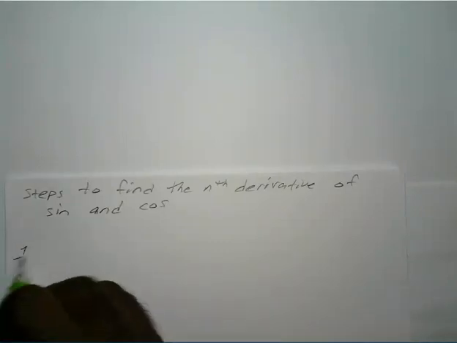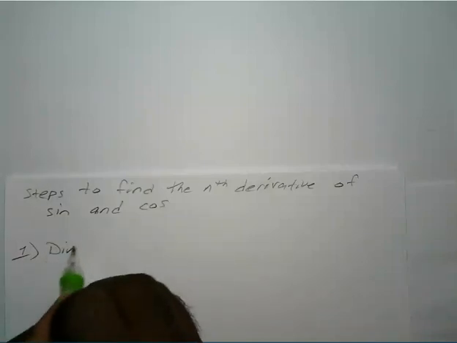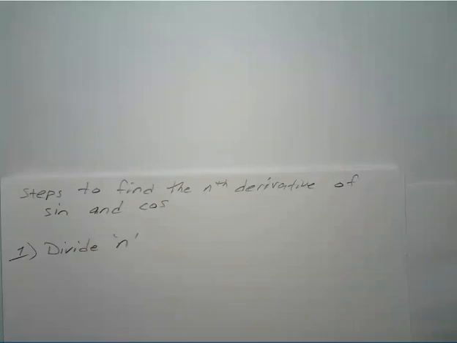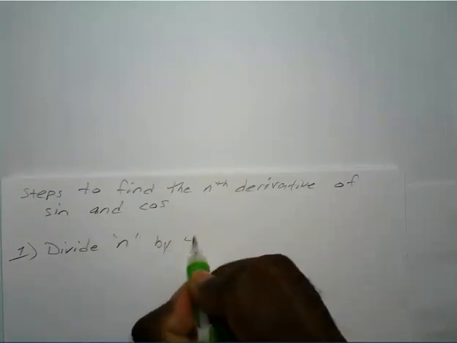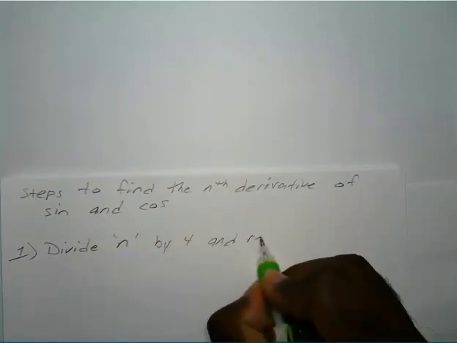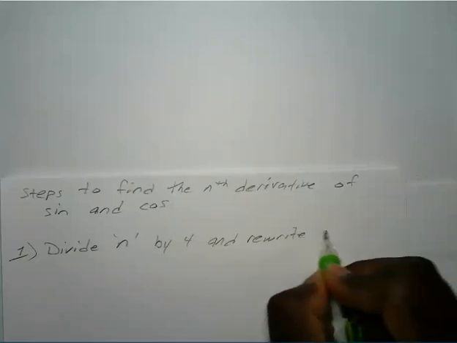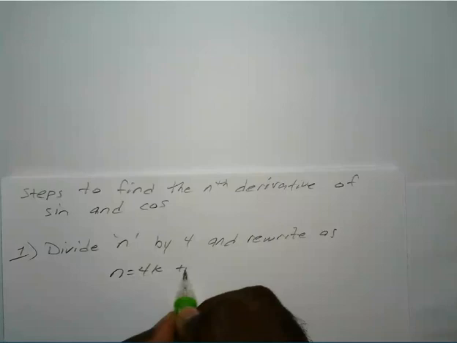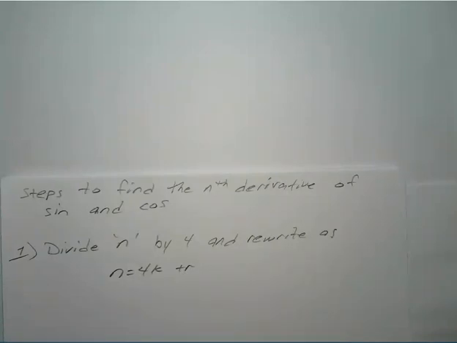Okay, so your first step, you're going to divide the number of derivatives that you're asked to find by 4 and rewrite as n equals 4k plus r, where k and r are positive whole numbers.